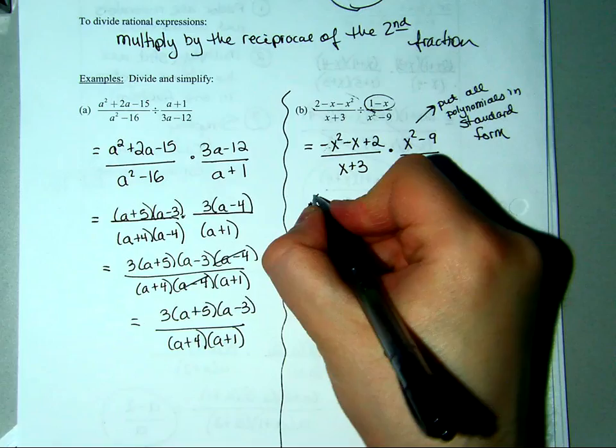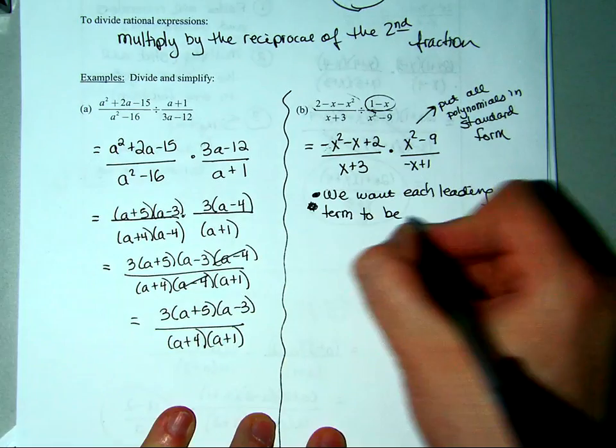If it's not, we are going to factor out a negative 1. Which is exactly what I see us needing to do in the first numerator and second denominator.